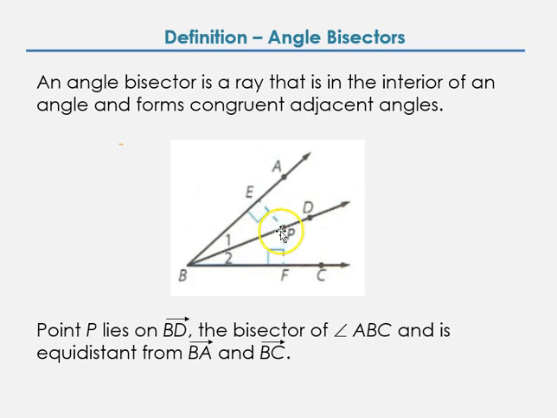And if we draw a point on the angle bisector, label it P, the distance from P to AB, if drawn perpendicular, will be the same length as the distance from P to BC. So EP will be congruent to PF.